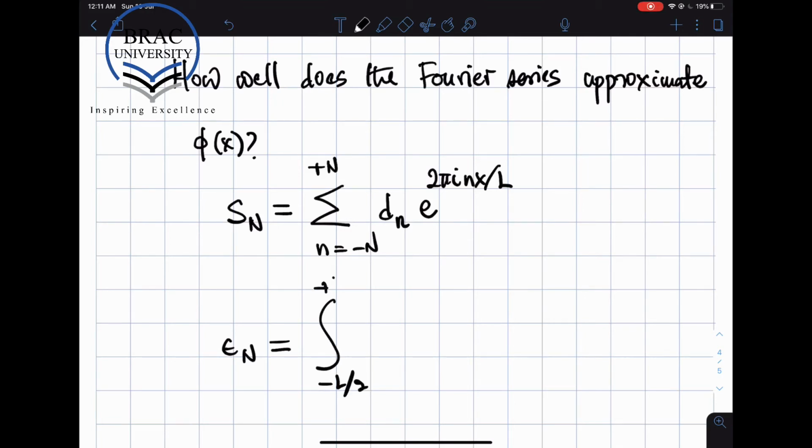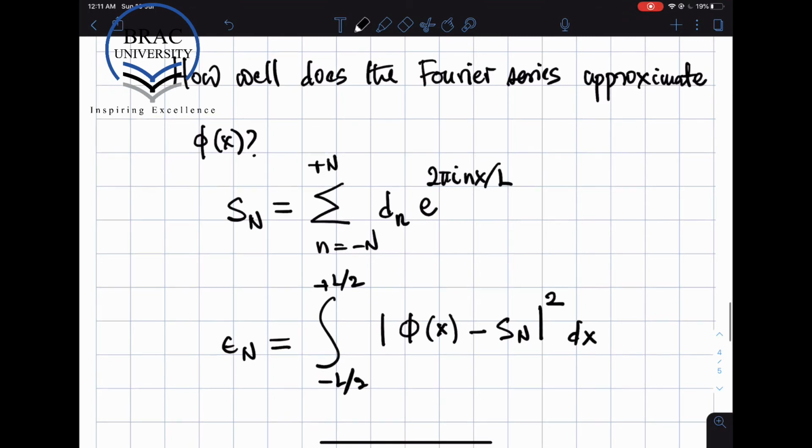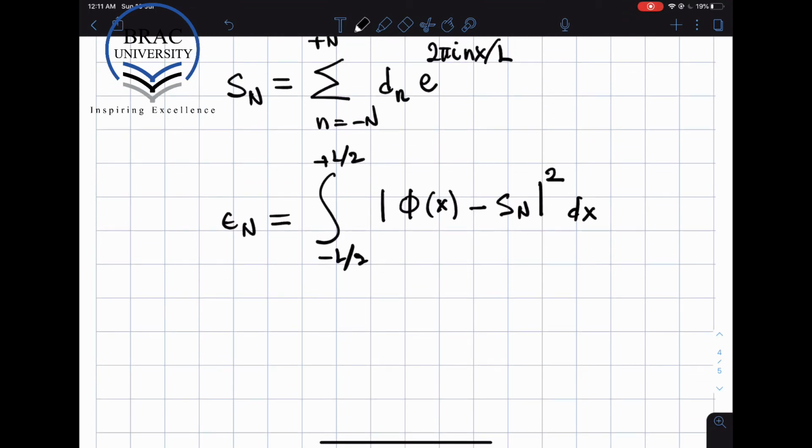It's going to be an integral from minus L by 2 to plus L by 2 of the function phi of x minus Sn, taking the modulus squared. This is why it's a least squares error function. Now we can expand this out, since it is a square.